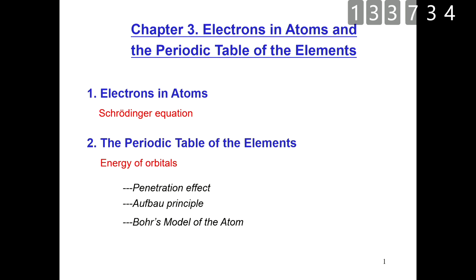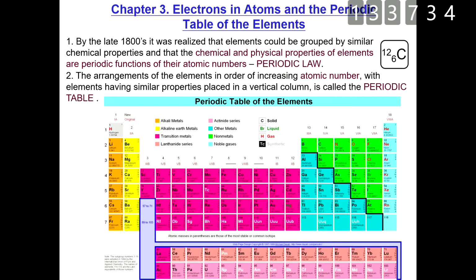I think you should have learned something about the periodic table, right? Okay, this is the periodic table of elements. In this table, we can put all elements into the table, and of course it depends on the number of their electrons.